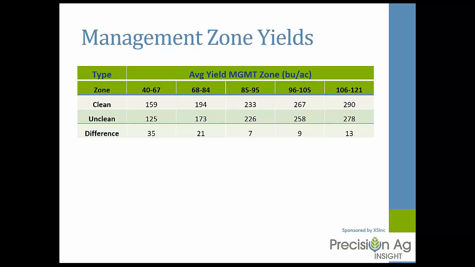And then at the higher end, 106 to 121, we had a 13 bushel yield difference between the clean versus unclean data. In the middle, in those average zones, the 85 to 105 zones, we weren't off as much between unclean and clean.